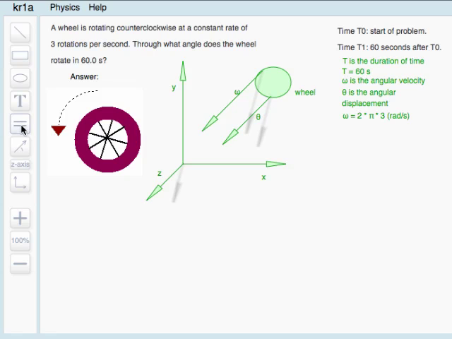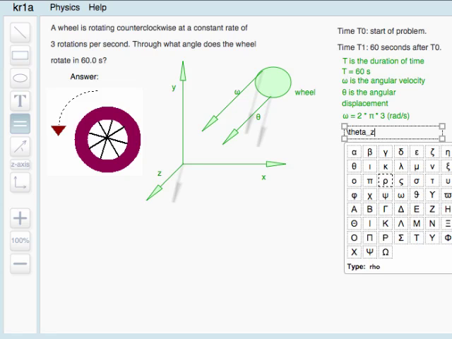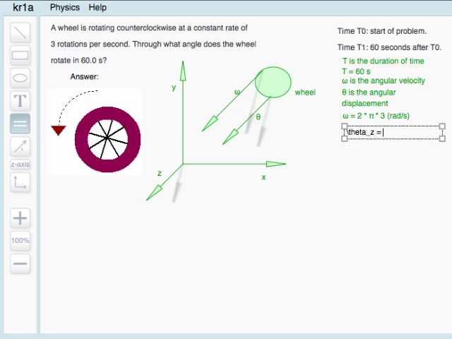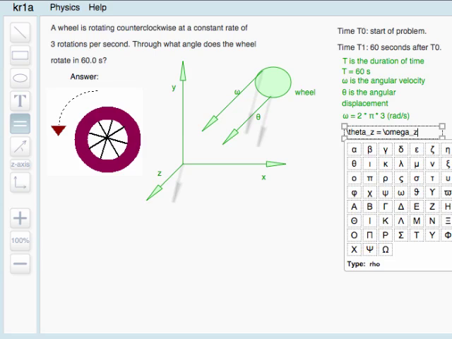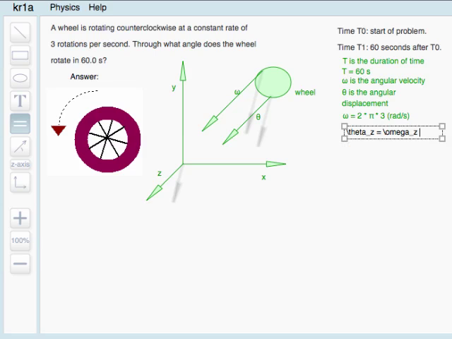So I'm going to click the equation tool again. This time I'm going to write out theta in the z-axis equals omega in the z times time. That time it turned green.